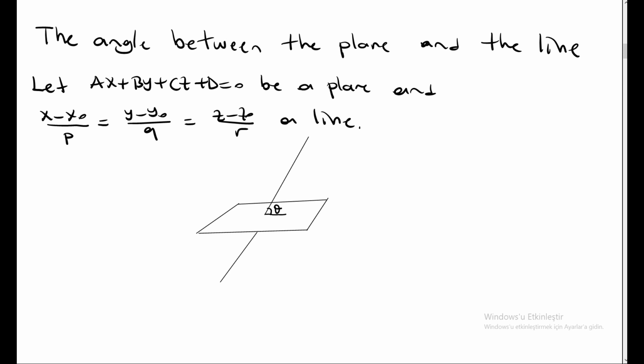We are looking at this one. Of course, we have a normal here. This is the normal, so let's say this is n. This is L. Because the normal is perpendicular here, this part will be pi over 2 minus theta.